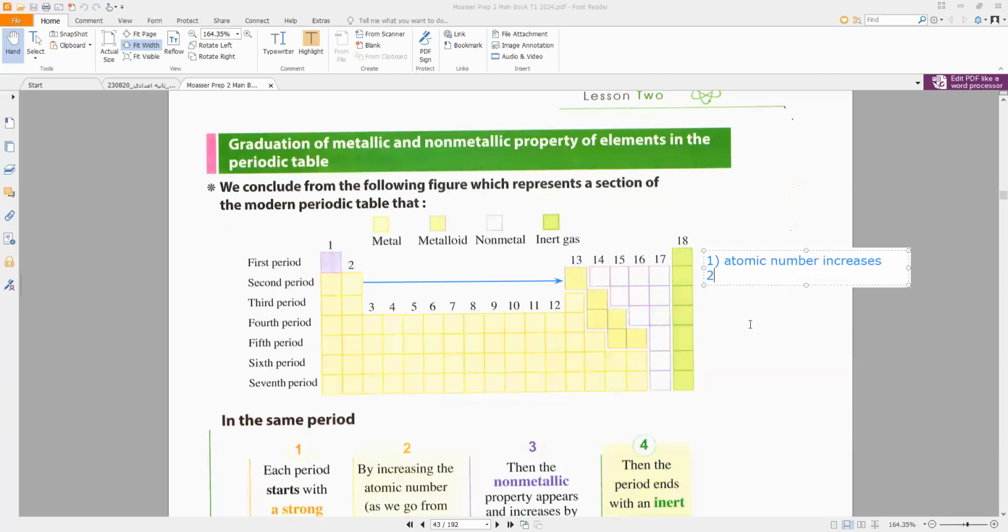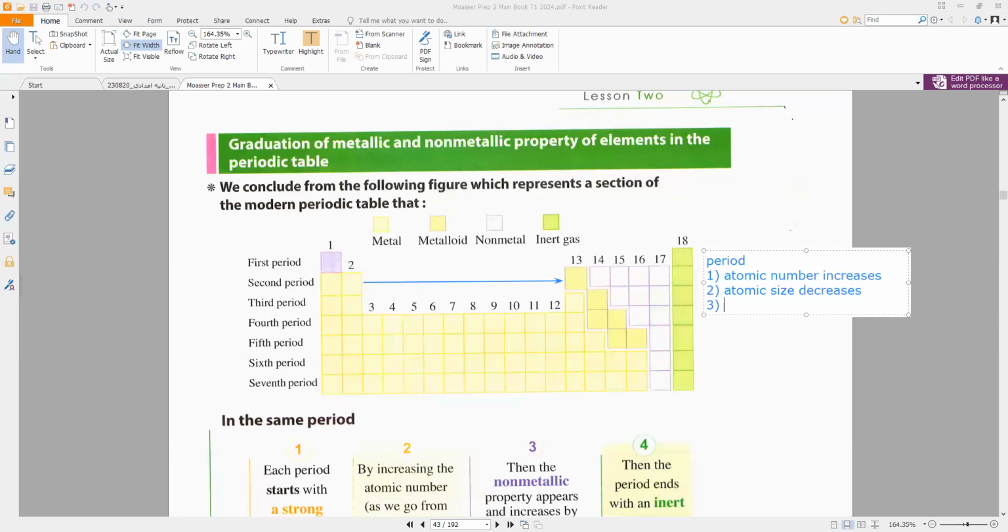What happened to the size? We see the size decreases as we move from left to right. So the atomic size decreases. This is what happened to the atomic size in the period. So the atomic number increases and the atomic size decreases in the period. What happens to the electronegativity? It's opposite to the atomic size.